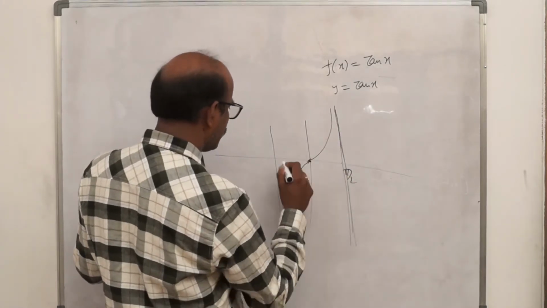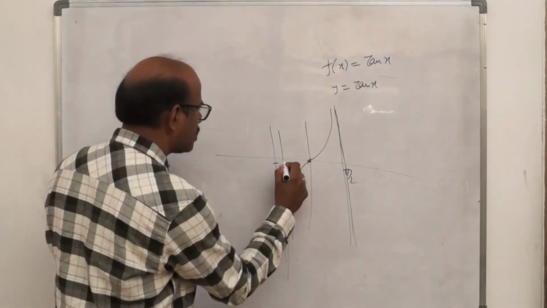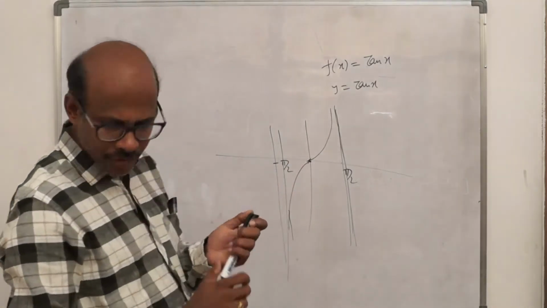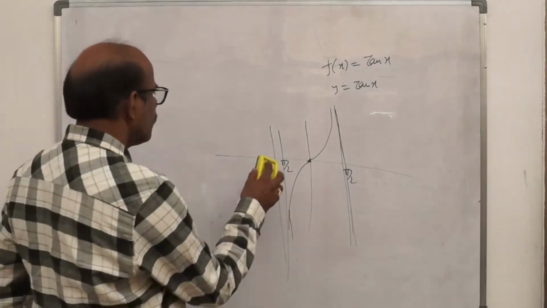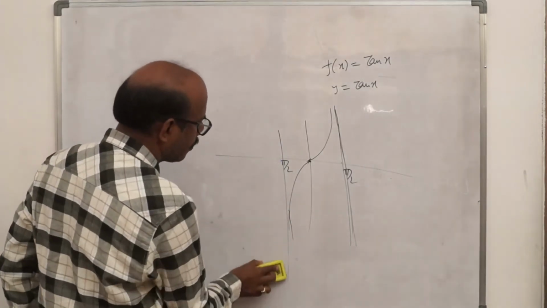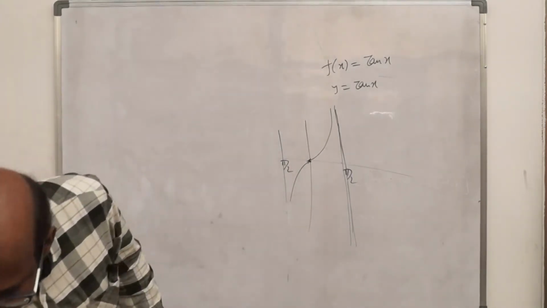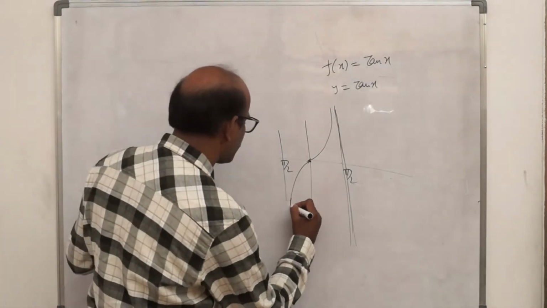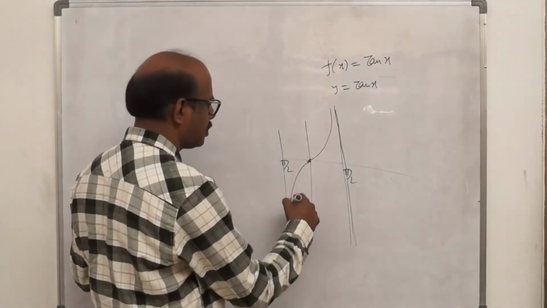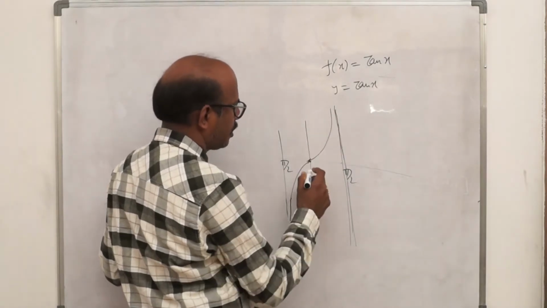It will be the same at minus pi by 2. So the graph is like this. The shape of the graph tan x is like an asymptote. The tangent meets at infinity but does not exactly touch or intersect the graph.